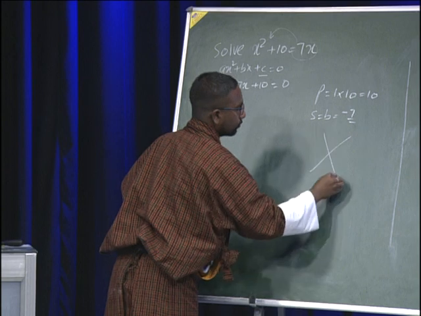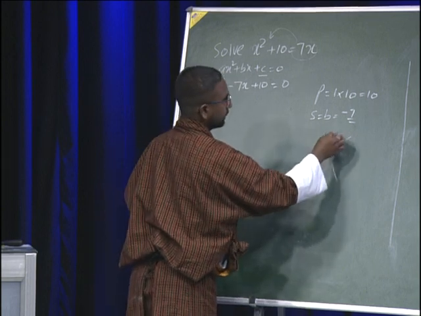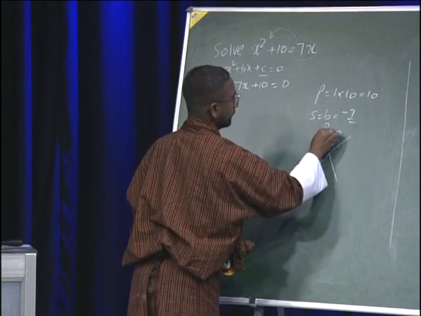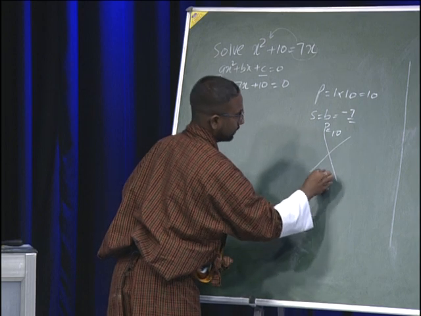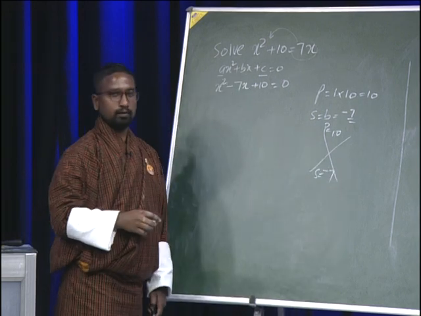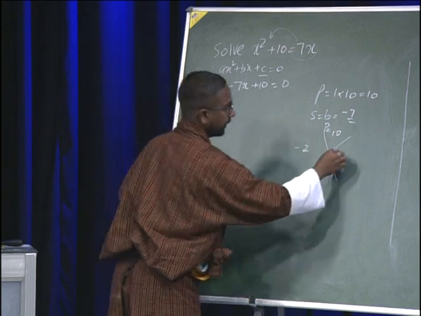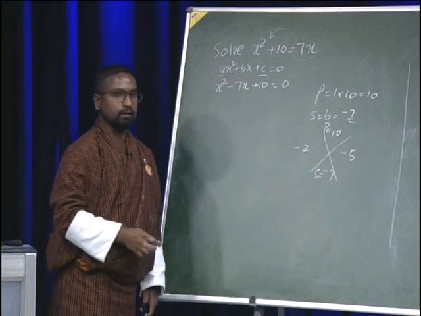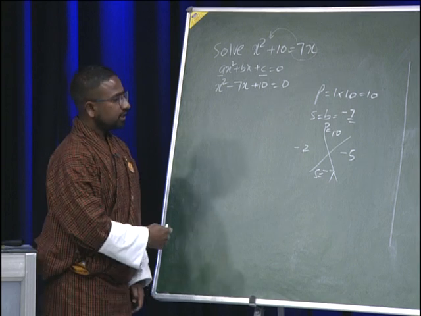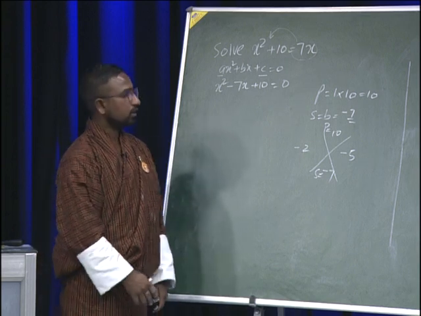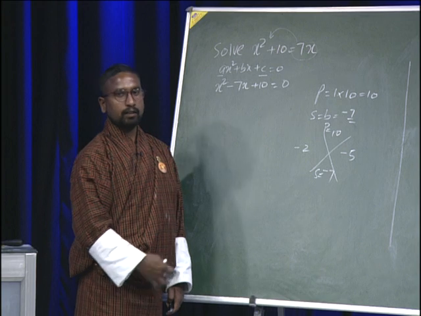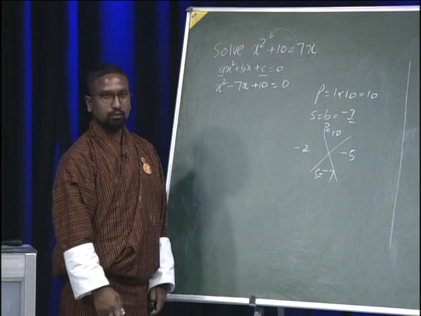So, let us find those two numbers whose product is 10 and whose sum is negative 7. If you take negative 2 and negative 5, you can check whether the product is 10 and the sum is negative 7 or not.